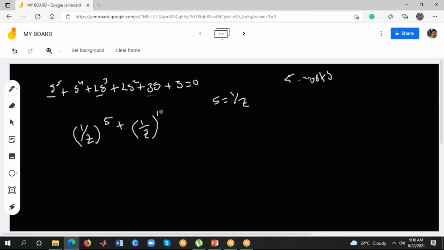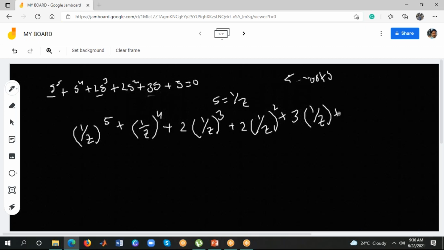So you can do it in this way also. And the third one is 2 into 1 by z cubed, plus 2 into 1 by z square, plus 3 into 1 by z, plus 5 equals 0.